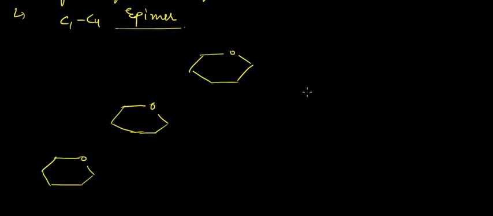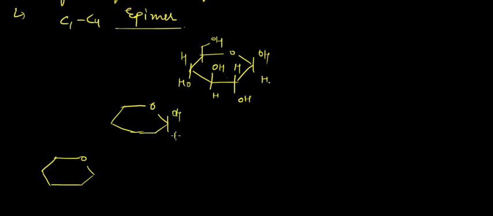There is an OH here, CH2OH here, then we'll have H and OH here, and similarly OH and H. Again we'll have H and OH here. I'm drawing the same beta D glucopyranose again.